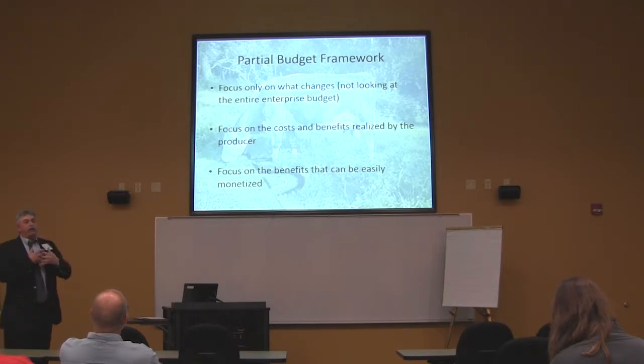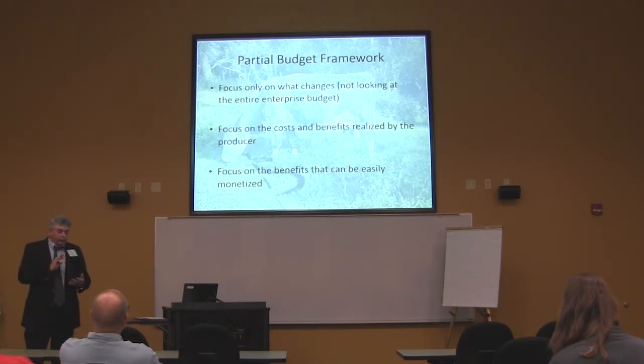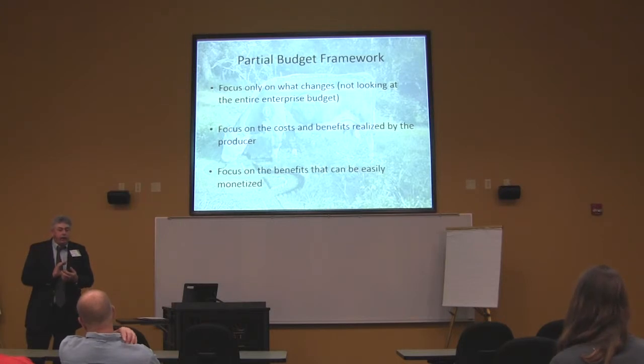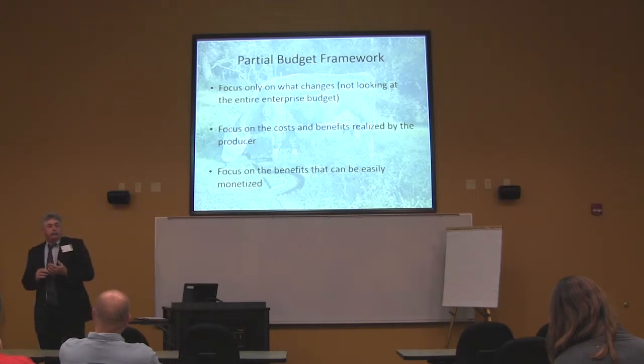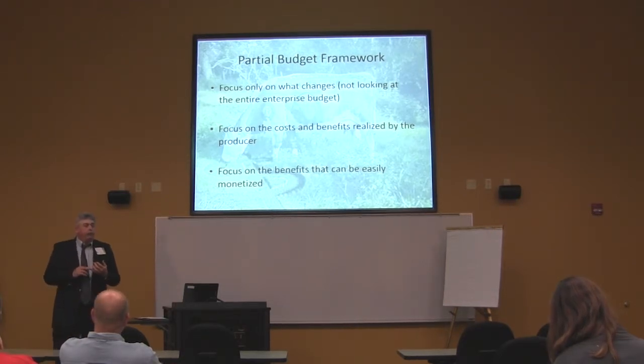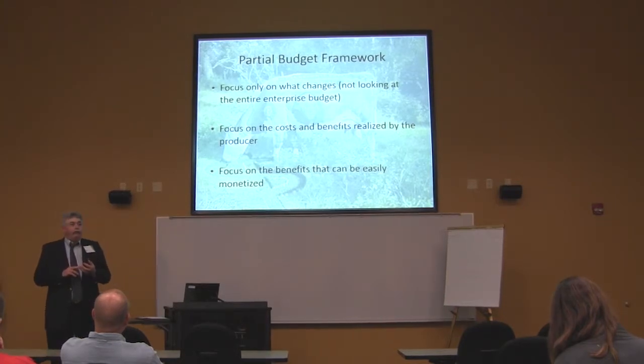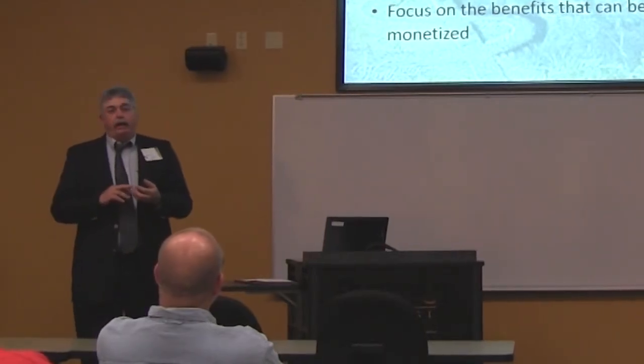The other thing I wanted to bring up and discuss briefly, as we looked at this tool, is that we tried to focus on the costs and benefits that are going to accrue to that producer or landowner. There are a lot of externalities discussed, under names like environmental services, water quality issues, and credit trading.